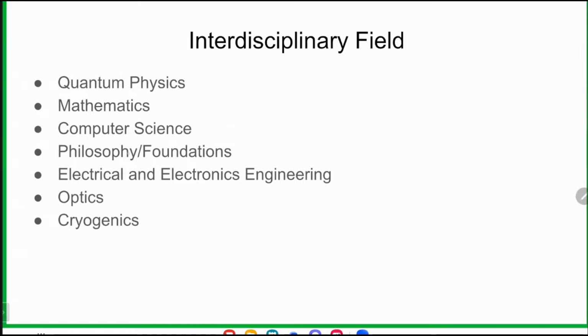And of course, surprisingly, there's philosophy also, because the different phenomena that I had been referring to, for example, superposition and entanglement, as we shall see later on, are well understood, but they lead to classical paradox. From a classical point of view, they are not always so acceptable.